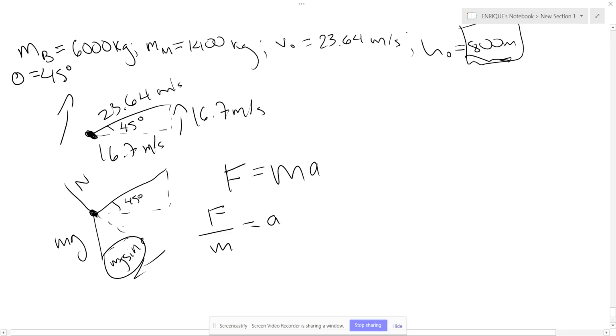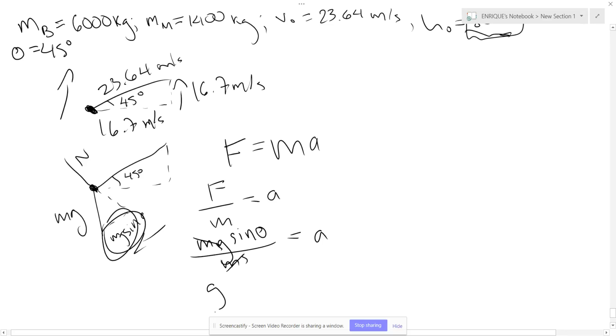We know that our force is going to be this right here, over m. So we see now that the masses of the system are the same, and we can cancel them. From this, we can see that our acceleration, or deceleration, is g sine theta, right?